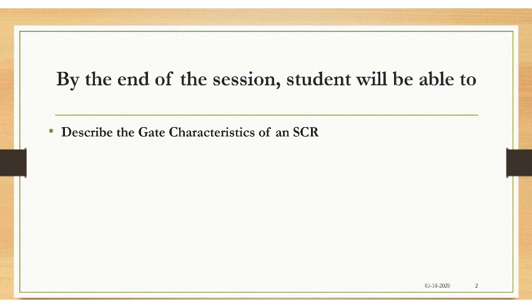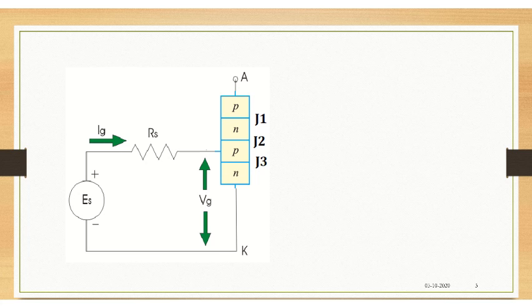In order to do that, we will consider this simple circuit. You have this SCR, a 4-layer PNPN semiconductor device, with anode and cathode. You can imagine you have put that in a forward blocking mode. You understand what it means now.